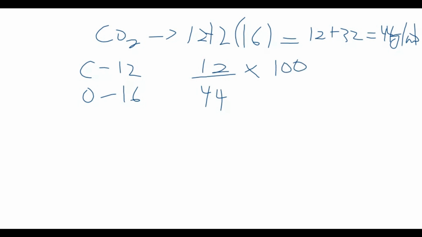With this we can divide: 4 goes into 12 three times, and 4 goes into 44 eleven times. And then we have 300 on 11. On the calculator, that will give us 300 on 11.